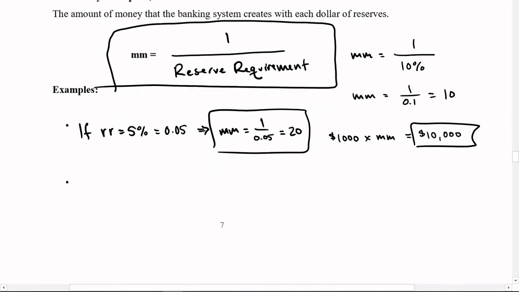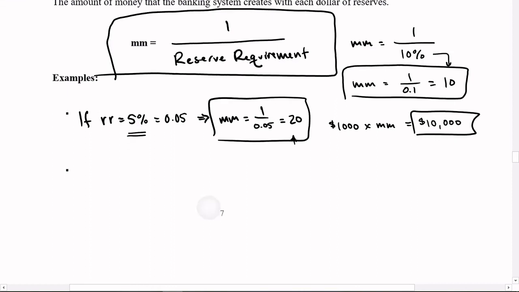Beforehand, if our reserve ratio was 10%, that led to a money multiplier of 10. If the Federal Reserve decreases the reserve ratio, the money multiplier increases. So if the Fed decreases the reserve ratio, the money supply in the economy increases, and therefore the interest rate will go down.